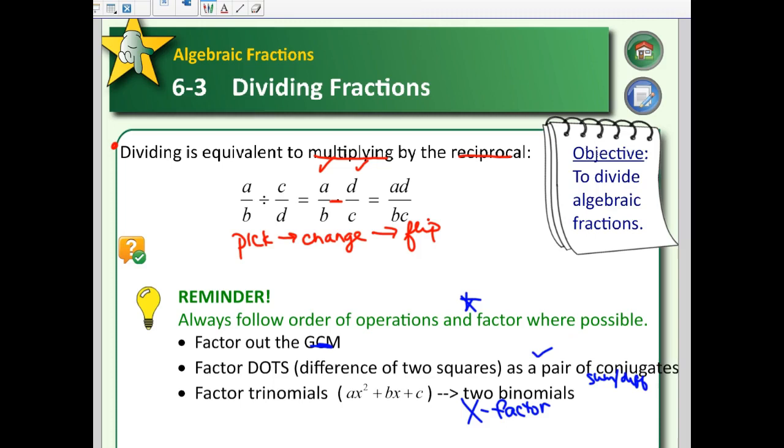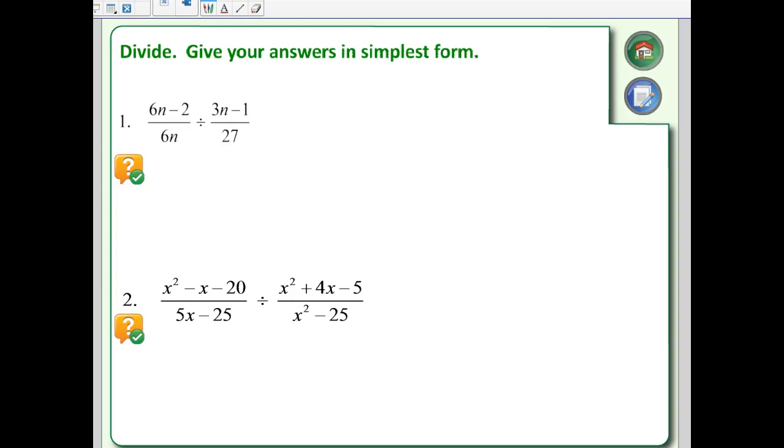These are long and drawn out; there's a lot of writing going on. Looking at problem number 1, it says to give your answer in simplest form after we divide. The first thing I need to do is take equation number 1 and rewrite it as multiplication.